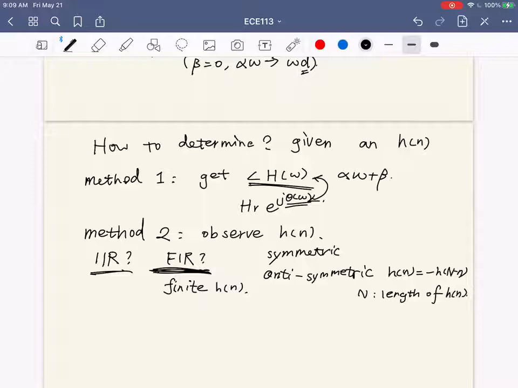And this is given that it is symmetric or anti-symmetric about the origin. So if we have a delay, we just need to shift it. But here, for simplicity, we define them as symmetric about the origin. And if it is symmetric, we don't have the negative side.